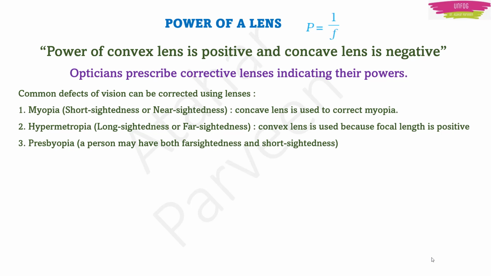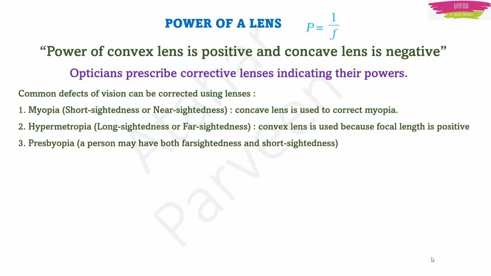Here, a concave lens is used to correct this myopia. Then, hypermetropia. It is also known as long-sightedness or far-sightedness. For this defect, a convex lens is used because here the focal length is always positive. That's why a convex lens can be used to correct this hypermetropia.